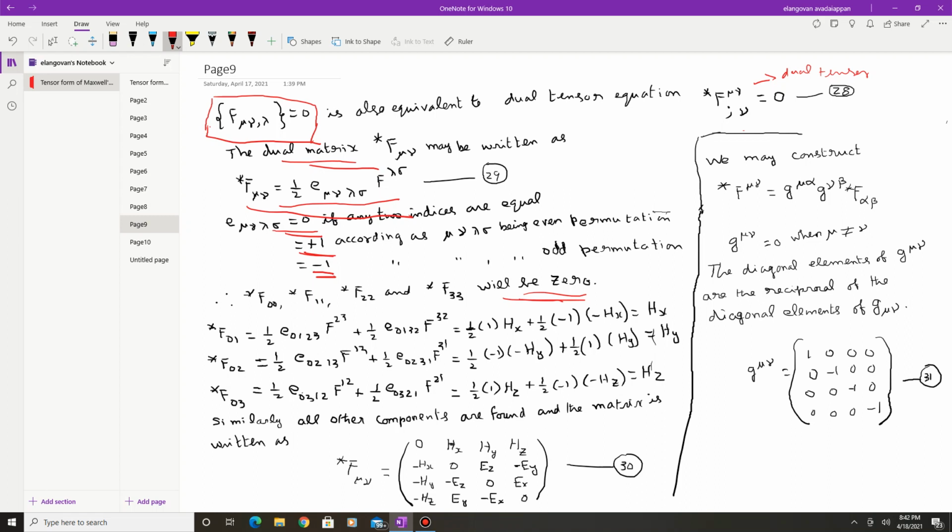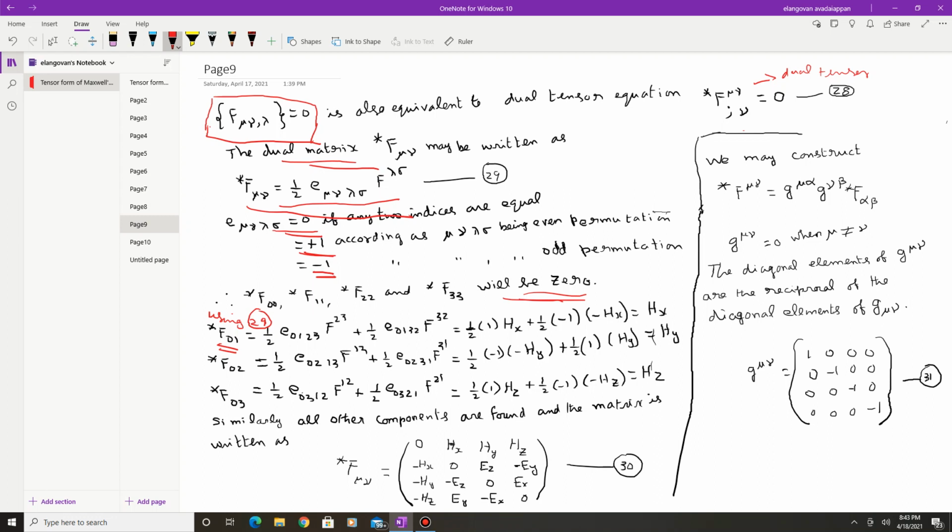Then star F01. This is the 01 component of the dual matrix, expressed by using the definition, equation 29. So star F01 is equal to half E0123 F23 plus half E0132 F32.